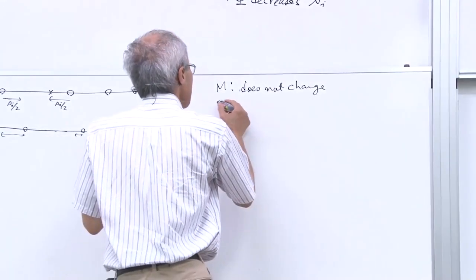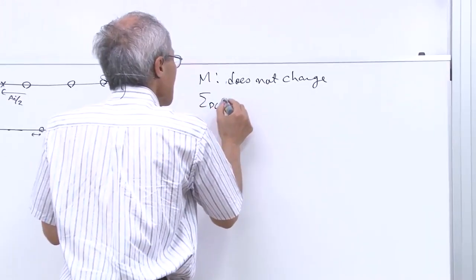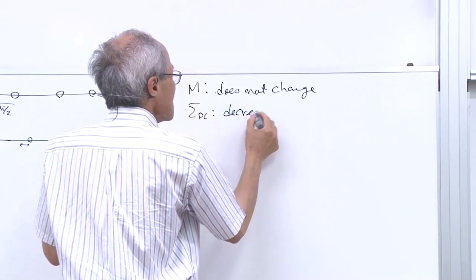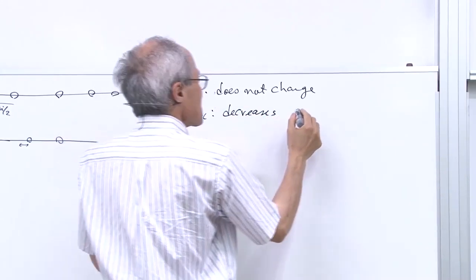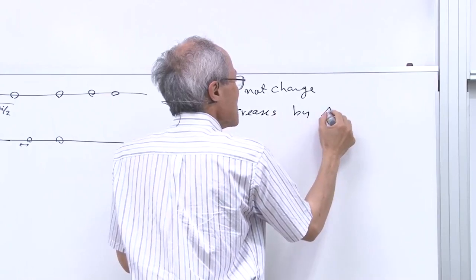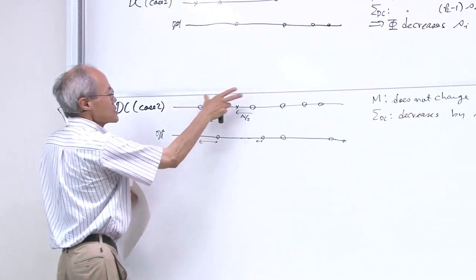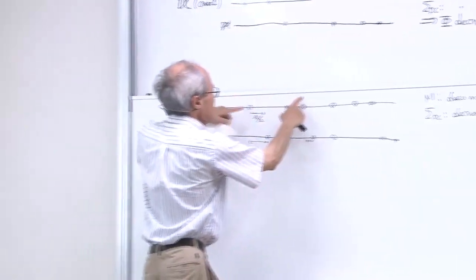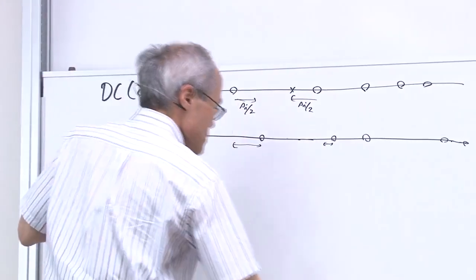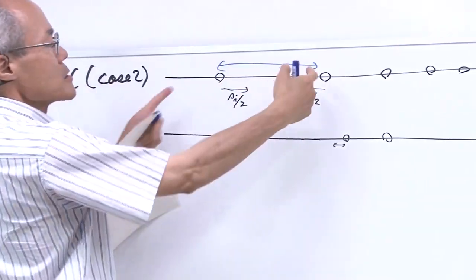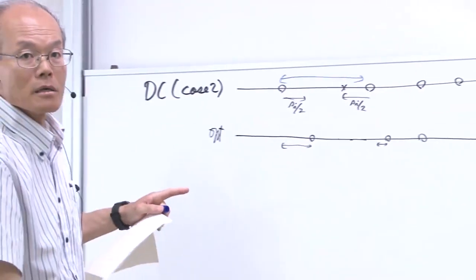And sigma DC decreases s_i. It's obvious. This distance just decreases by s_i.